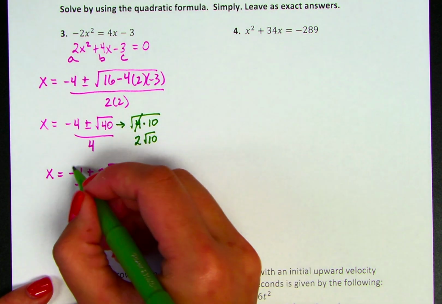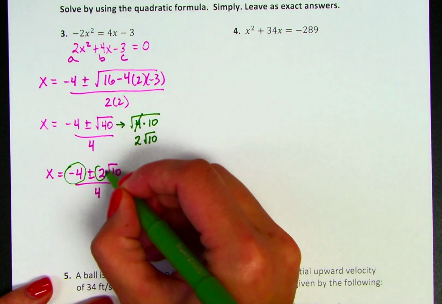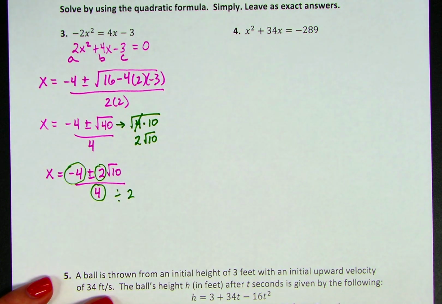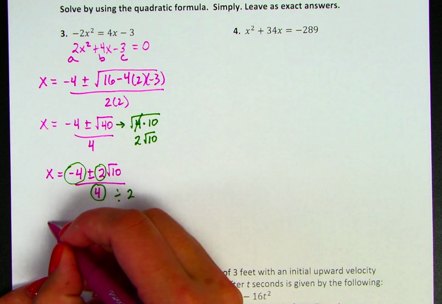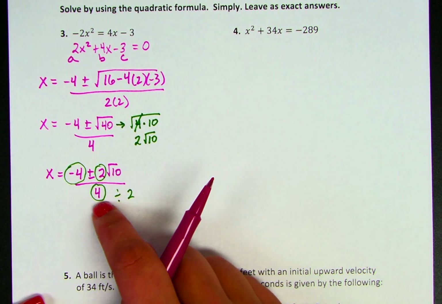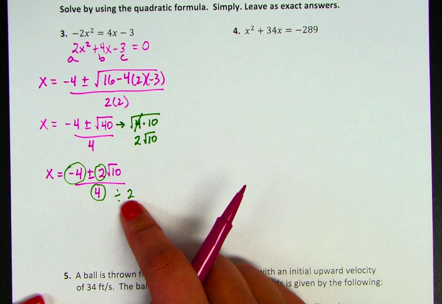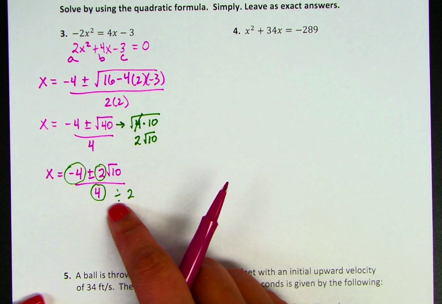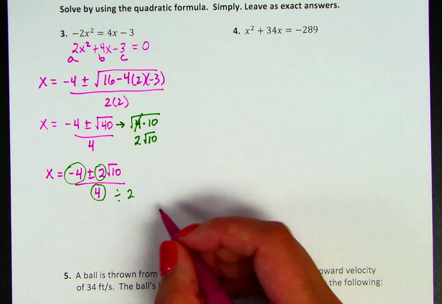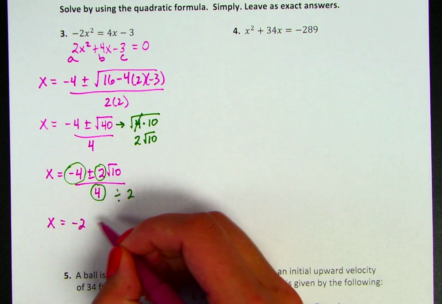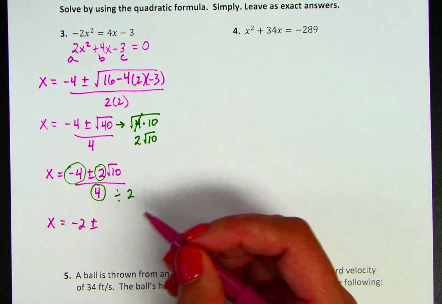And then as I'm looking at this, the negative 4, the 2, and the 4 can all be divided by 2. If you have a negative in your denominator, this needs to be a positive, so you would just make this a negative. Or if there is a negative down here, then you would divide all of those by negative 1. All right, so x equals negative 2 plus and minus.